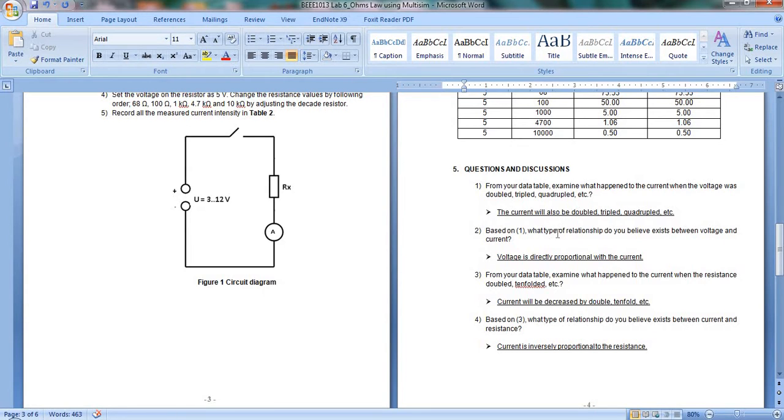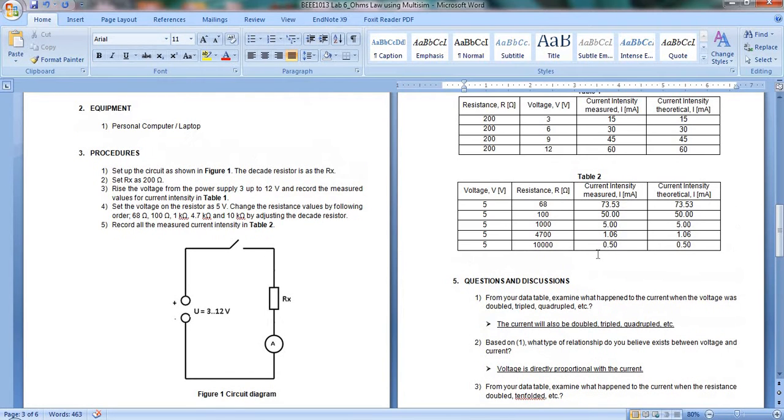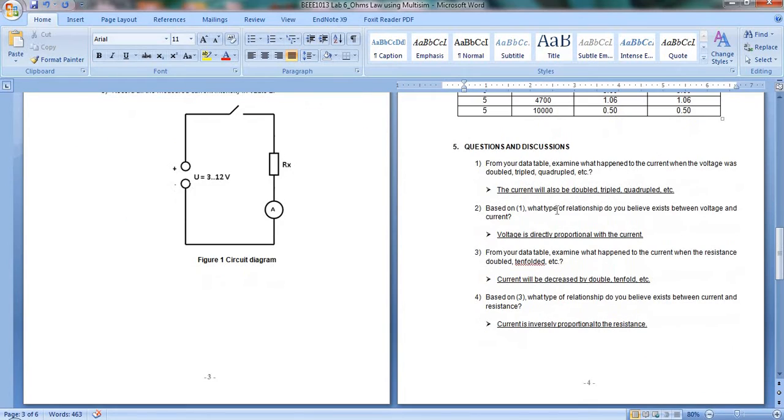The second question is what is the relationship between voltage and current, and from this table I can see that when the voltage is increasing, the current intensity also increases, but the resistance value must be constant. So the relationship between voltage and current is directly proportional.